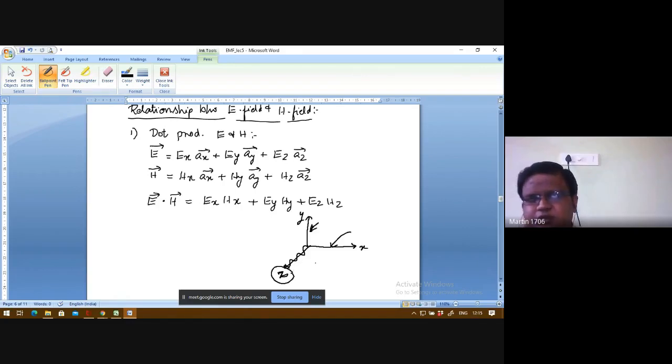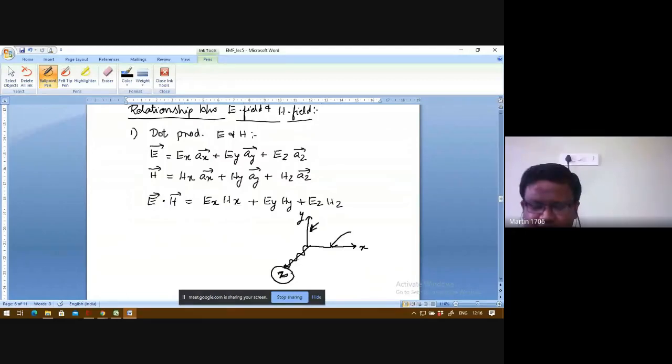Most of the signal effect, the dimension of the uniform plane, is in x and y, and for propagation, for movement, the z-axis is utilized.